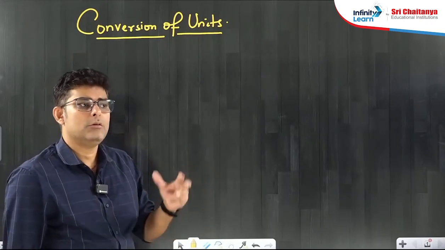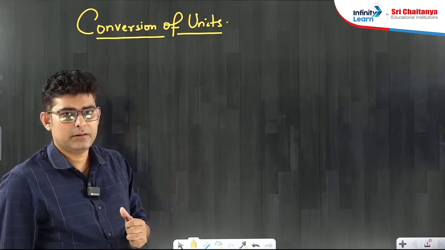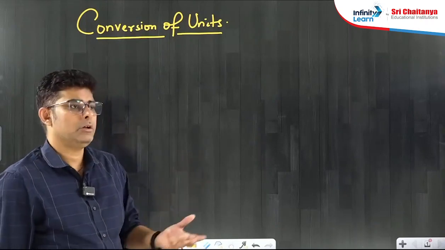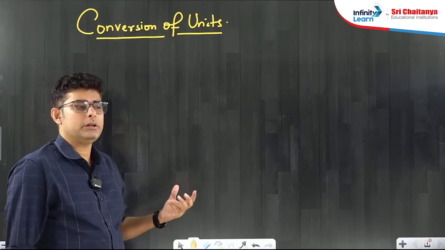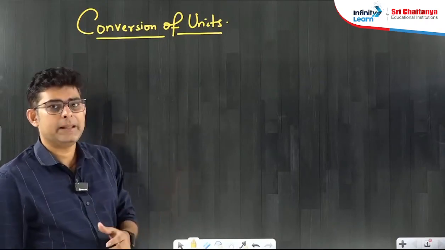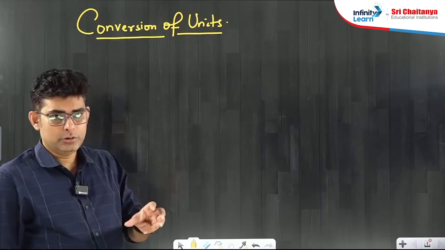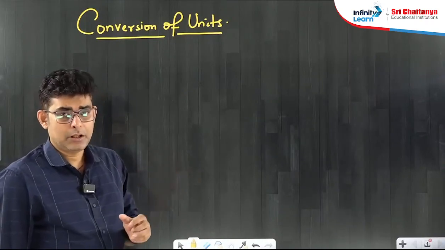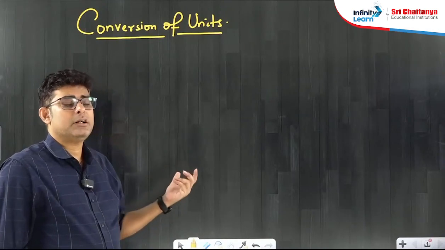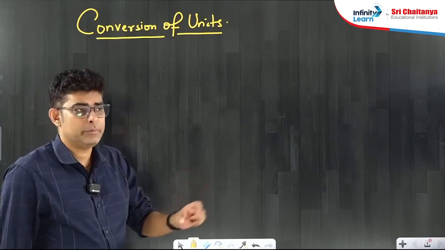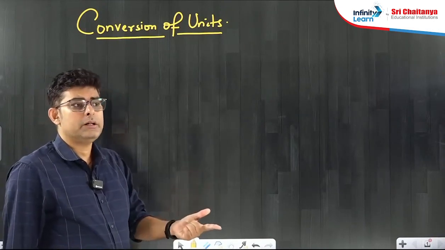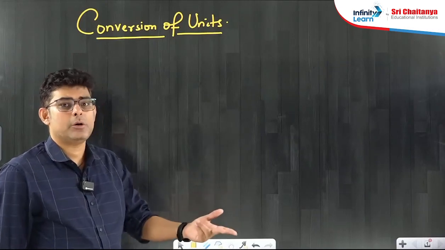Now can you tell what physical quantity it is? You can't, because I have told only the magnitude, but I did not mention the units. Now if I say that I have measured a physical quantity and it is 10 centimeter, immediately you can reply that yes, I am talking about length.